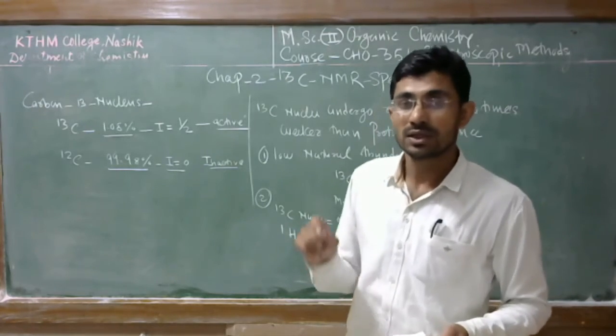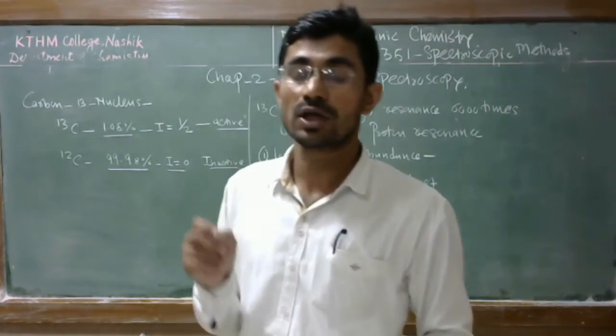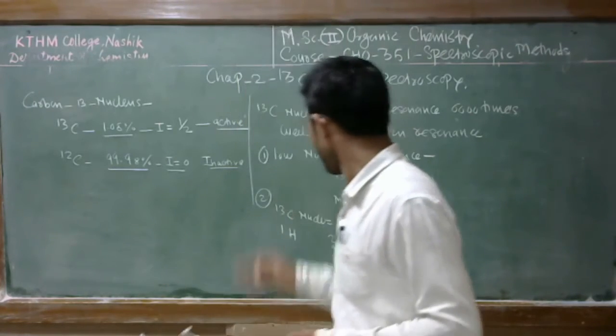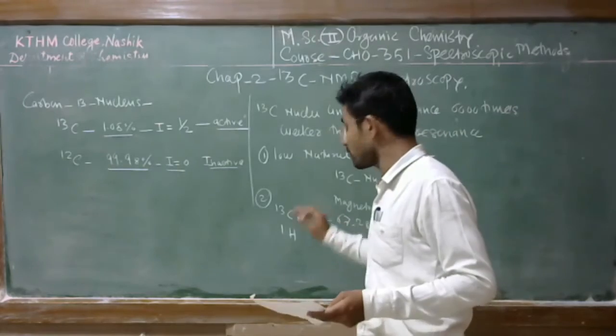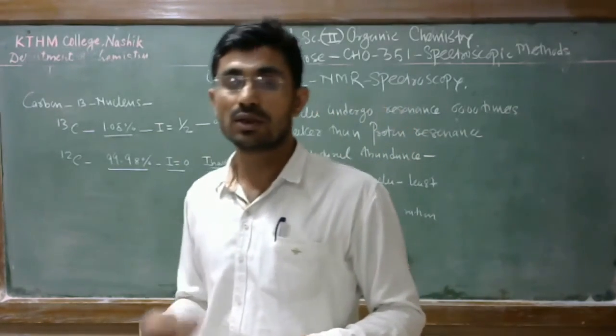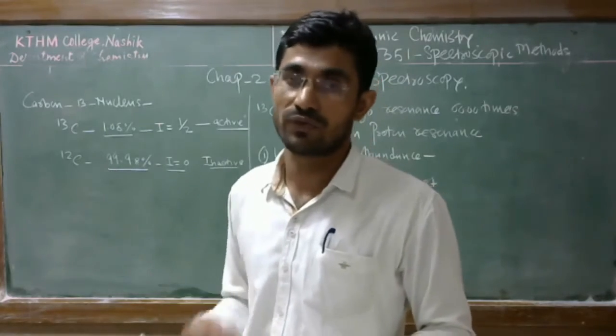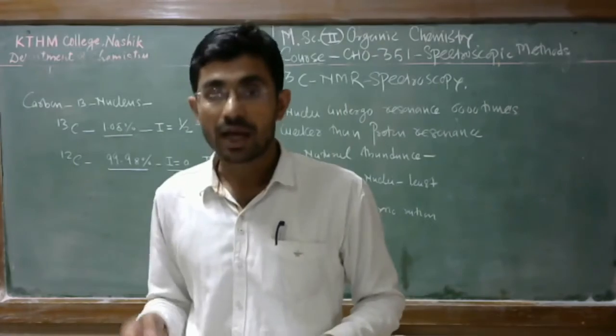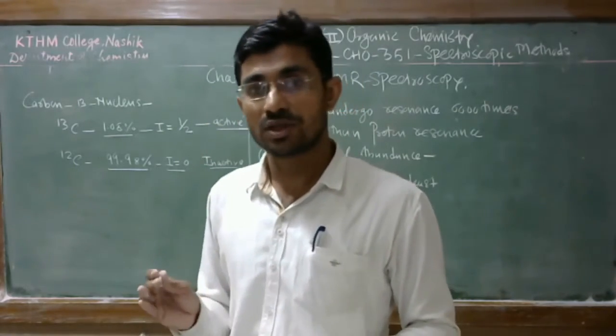Because of that, proton nuclei undergo resonance at higher frequency, while 13C nuclei undergo resonance at lower frequency. And at lower frequency, the excess spin population is also reduced.